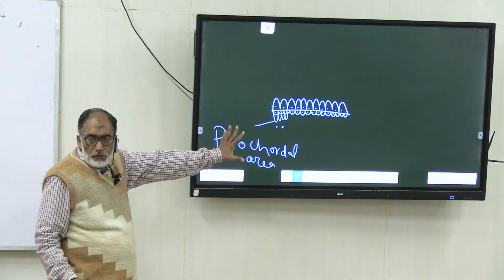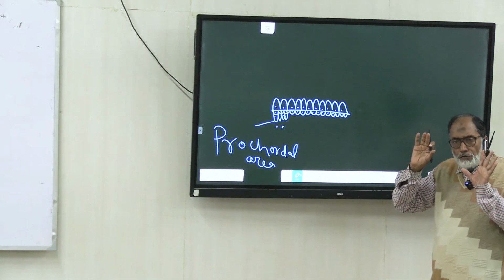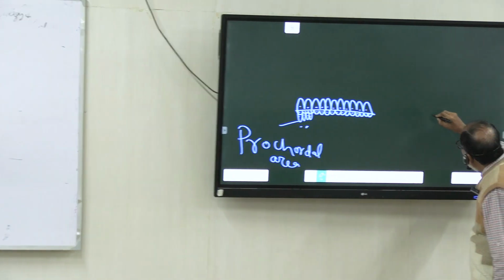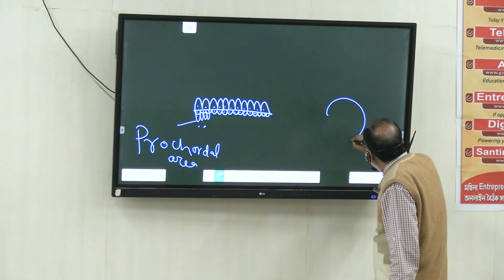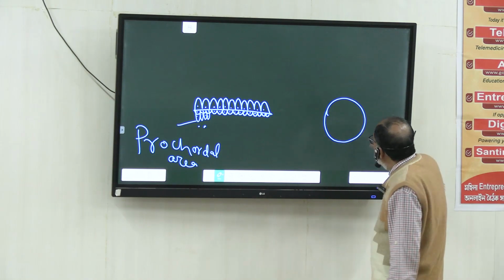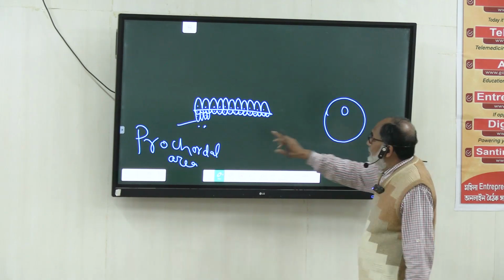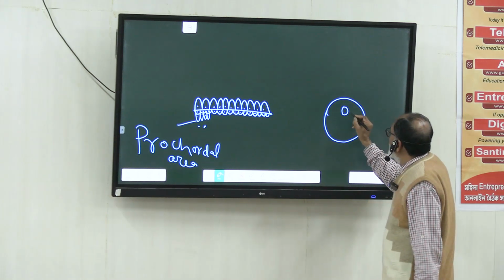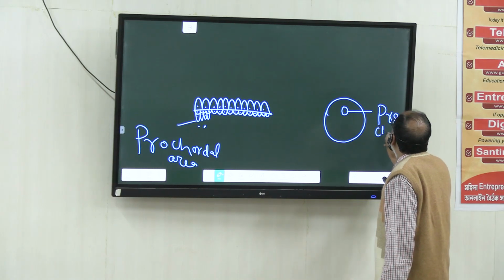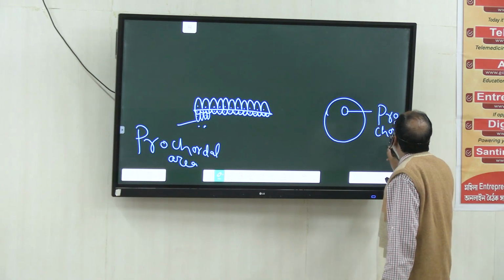During the last part of the second week, the embryonic area becomes circular. Suppose this area has developed; this is called the procaudal area.